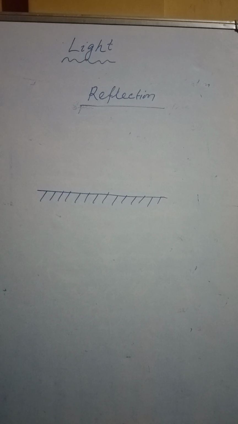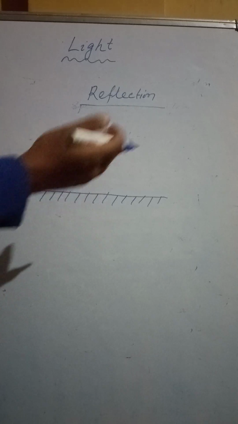So this is a mirror. You can see the mirror is made of glass, and one side is glass and the opposite side of the mirror is coated with silver.